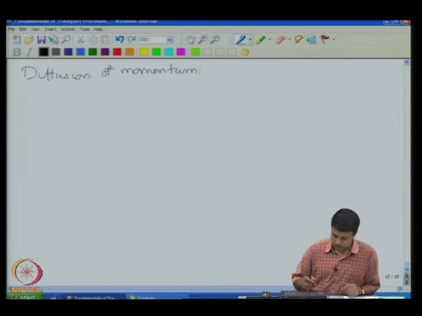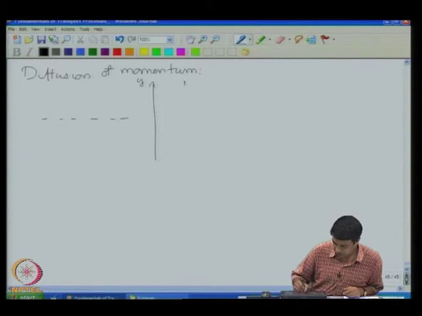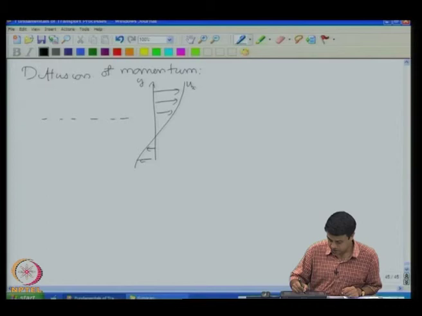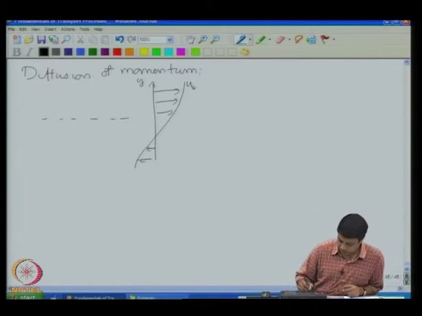So, let us consider a shear flow, in which the velocity ux is varying along position y, this is the y direction. So, this is the location y is equal to 0, and I have molecules here.